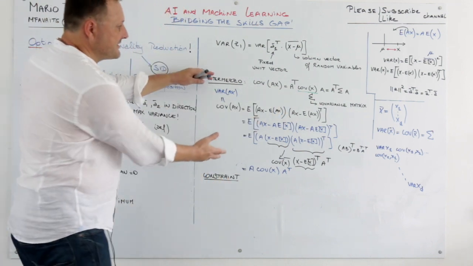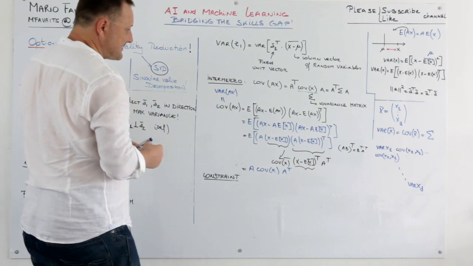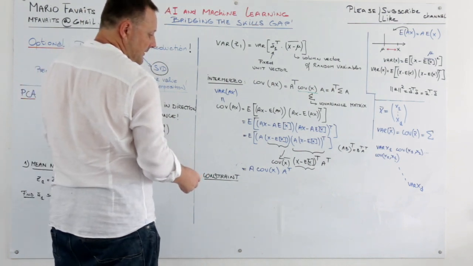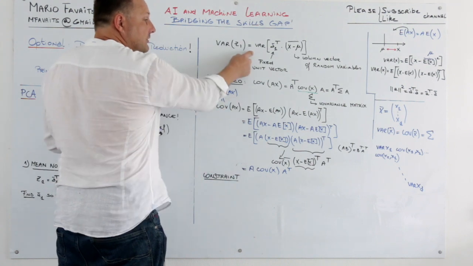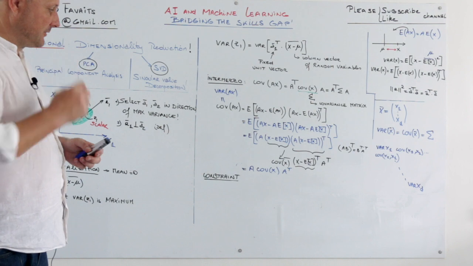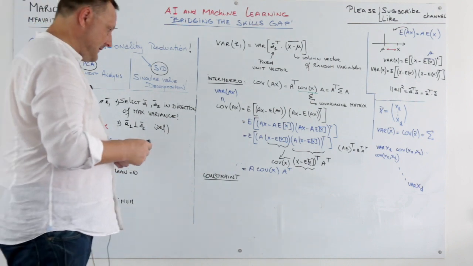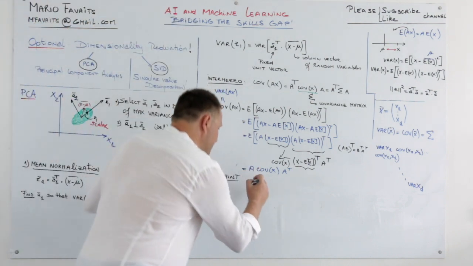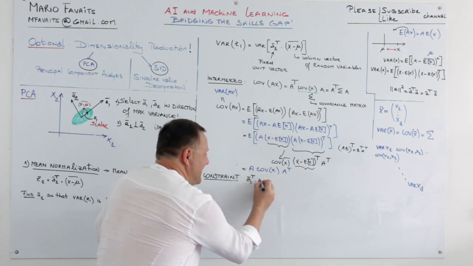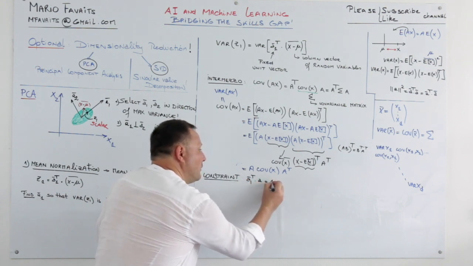So let's close this intermezzo and let's now apply that formula to this. But before we do this, we're going to look at a constraint. There is a constraint, meaning that A1 transpose times A1 equals 1.